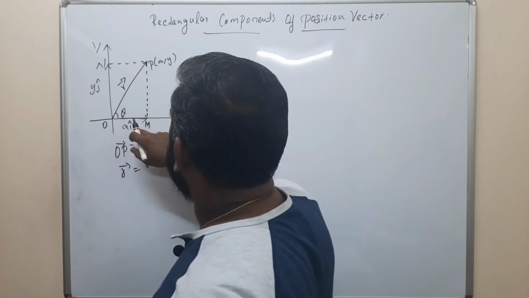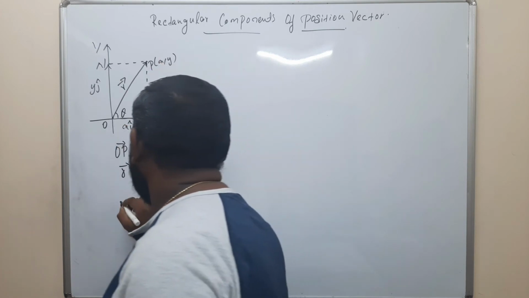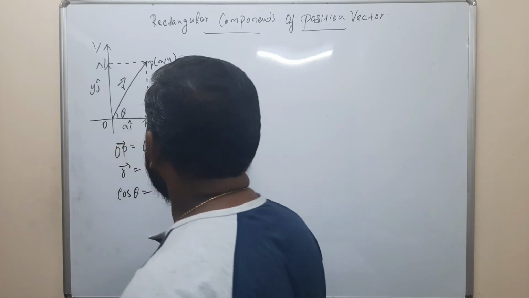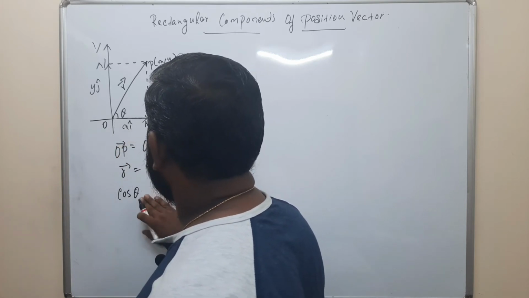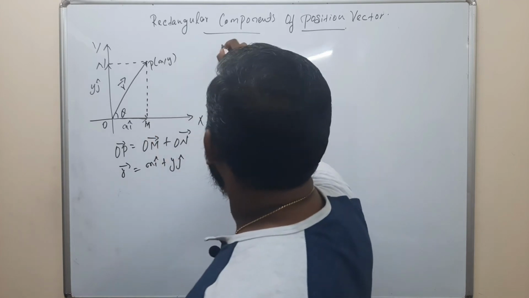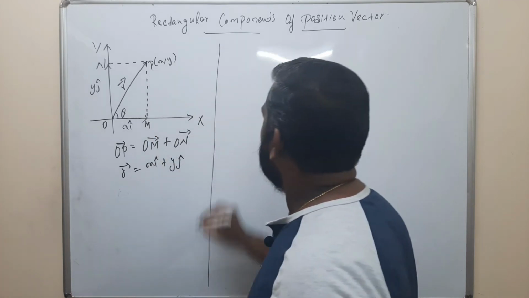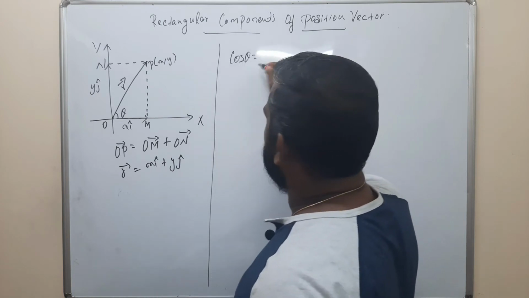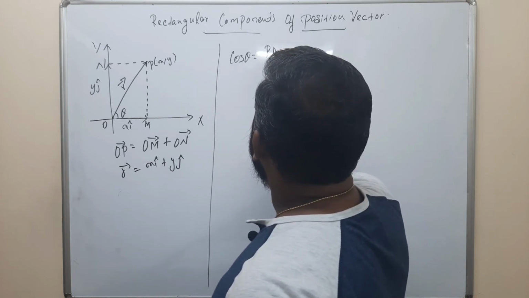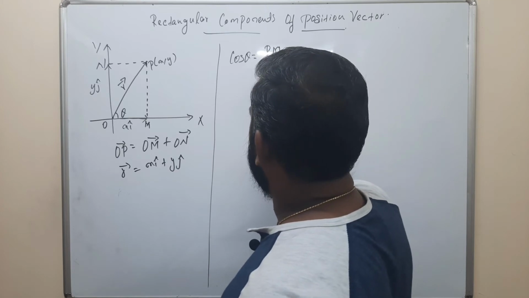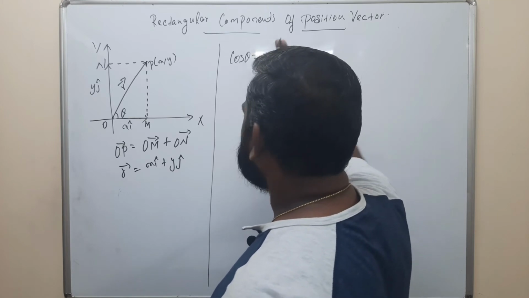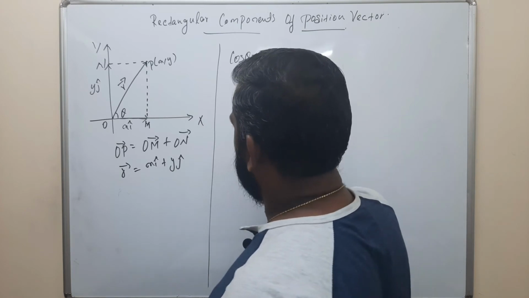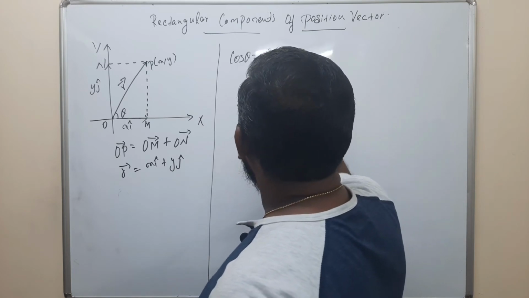So considering the triangle OPM, cos theta is equal to OM by OP.